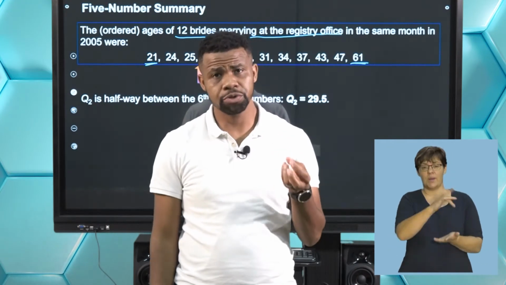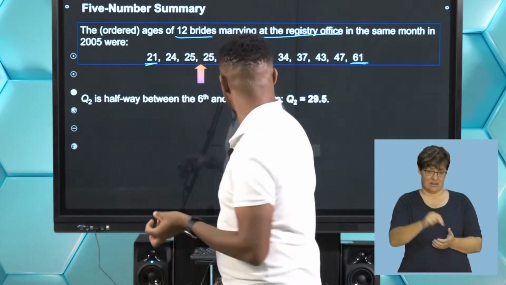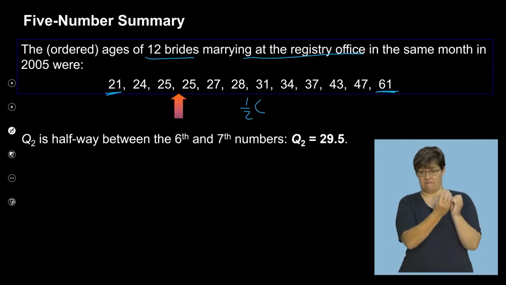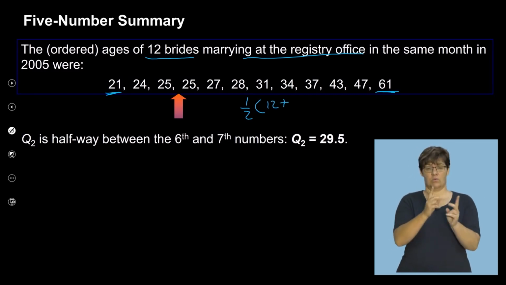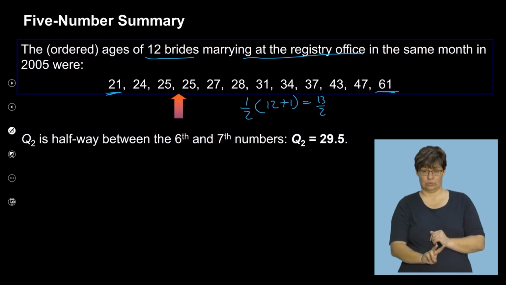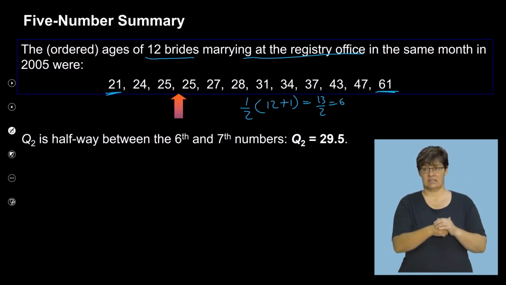Or you can find the position of the median, which will be a half (n plus 1). What is the data set size? This is 12. 12 plus 1 is 13. 13 divided by 2 gives us 6.5.